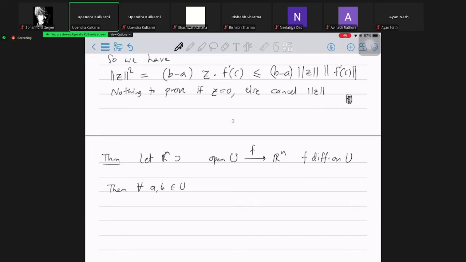And for all A and B in U, I still want to bound this, norm of f(B) minus f(A), less than or equal to something times norm of B minus A. Now, you see, A and B now are vectors. So I cannot just write down B minus A, the side of an inequality. There has to be a norm over there, right?